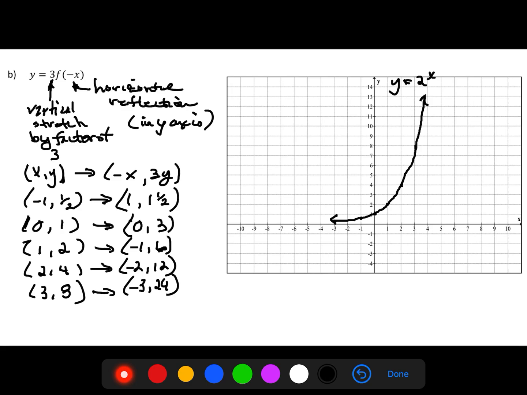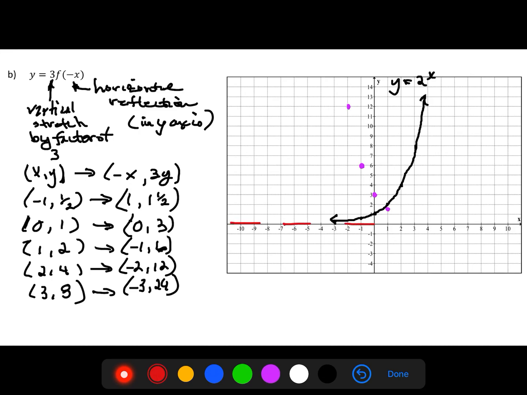So we are going to now graph our transformation. So looking at 1 and 1.5, 0 and 3, -1 and 6, -2 and 12.